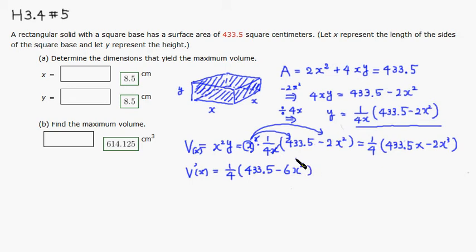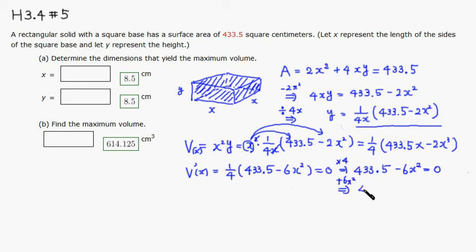We set that equal to 0. Then we can multiply both sides by 4, and we get 433.5 minus 6x squared is equal to 0. Then add 6x squared to both sides.